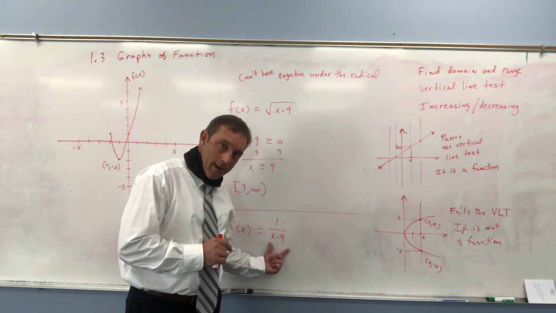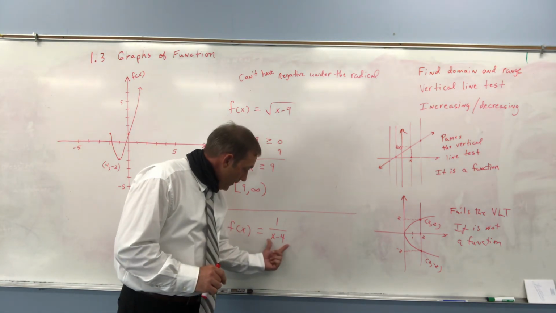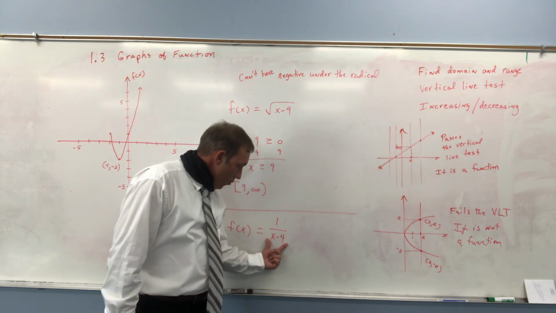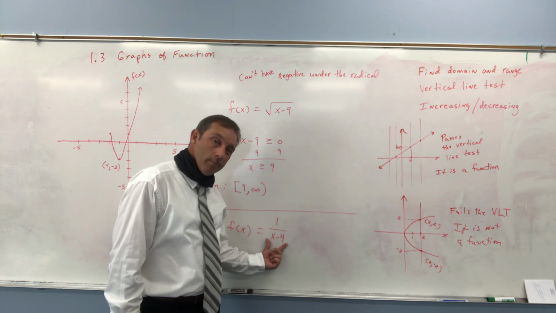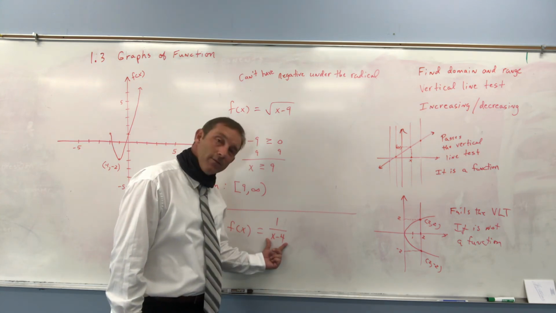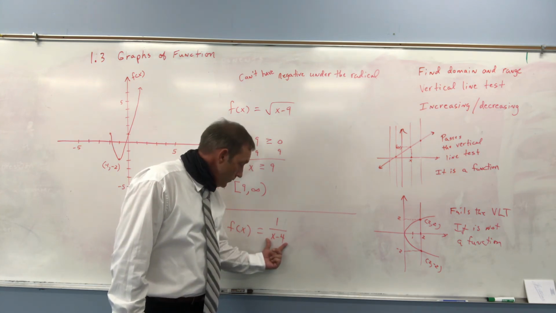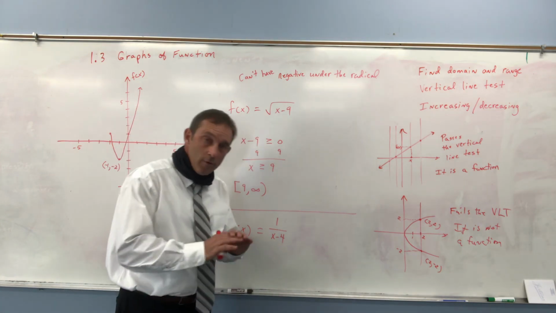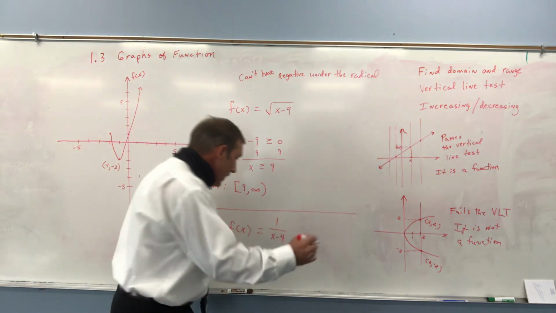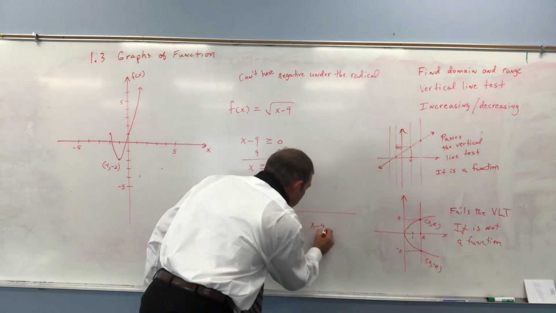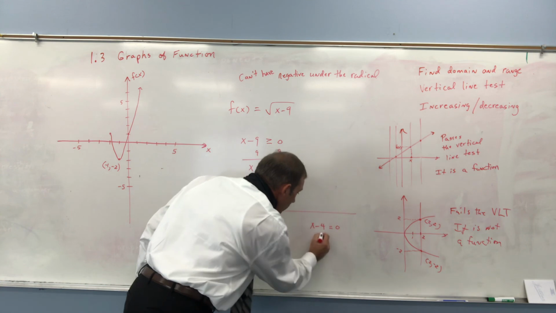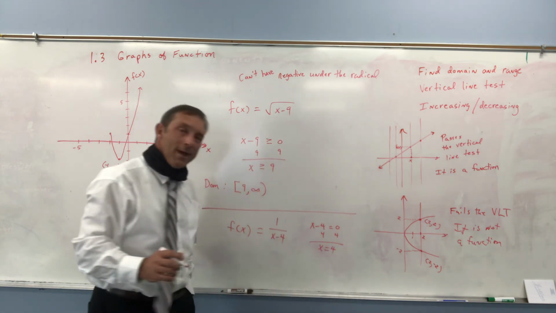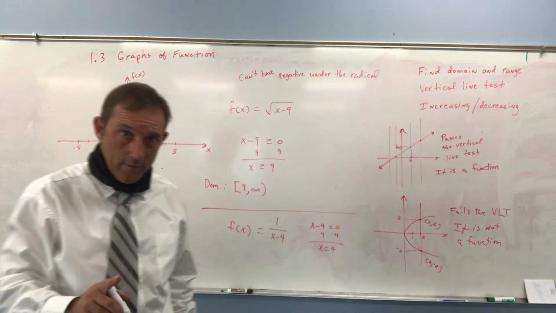Division by 0 is not allowed. So in this case, we know that x minus 4 cannot be 0. Any value where x minus 4 is 0 is going to be excluded from the domain. So in other words, if we were to solve this, we see that x equals 4 is what would make us have a 0 in the denominator.